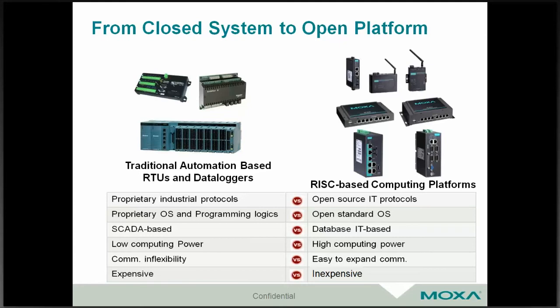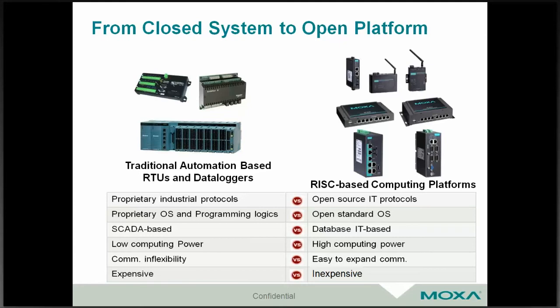You can have a web interface where you can remotely log into your system and see what's going on site. But all this is not available on the RTU platform simply because the computing power is not high enough, right?